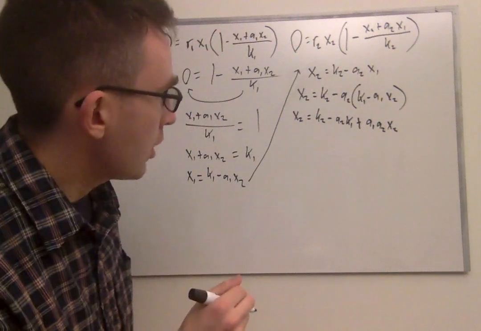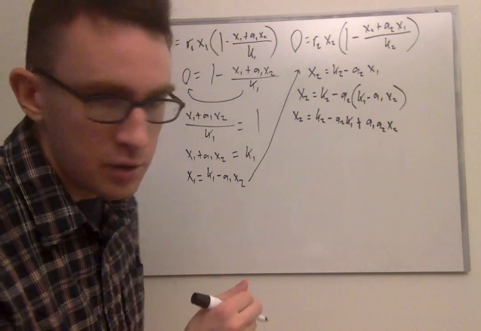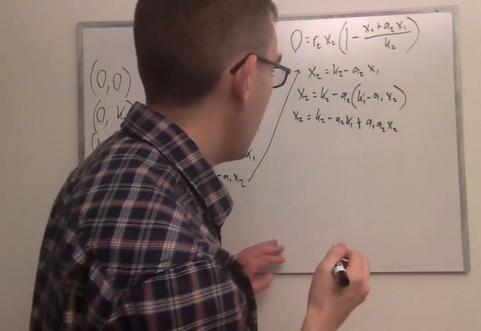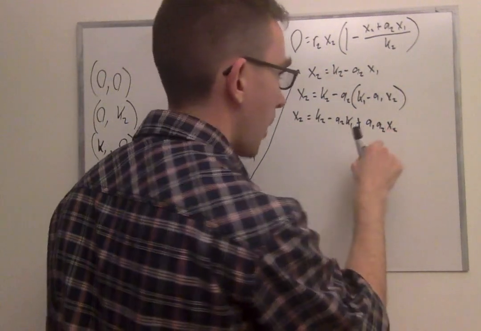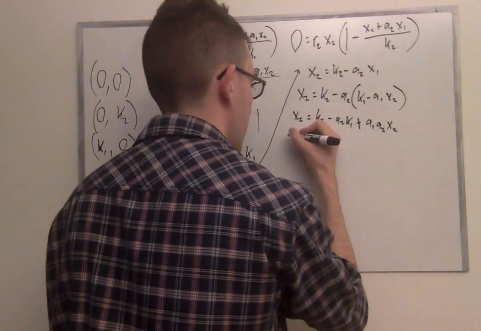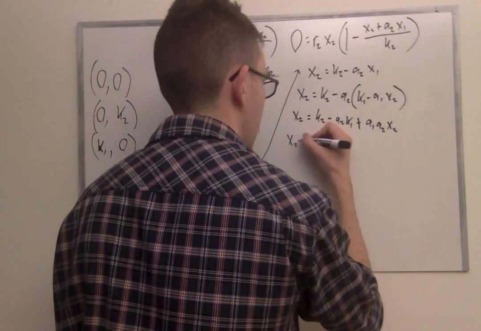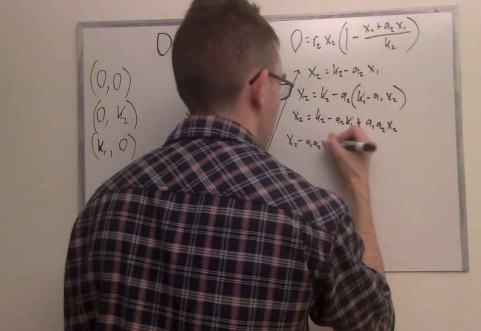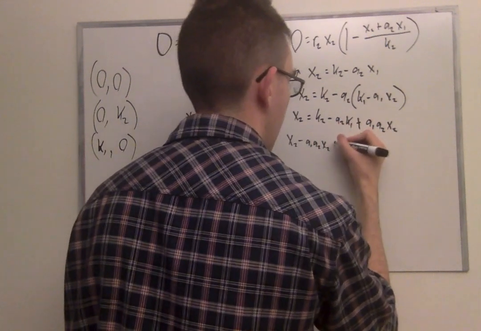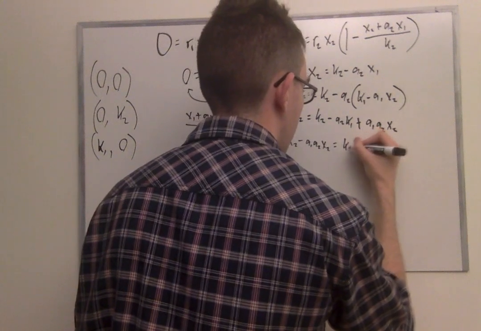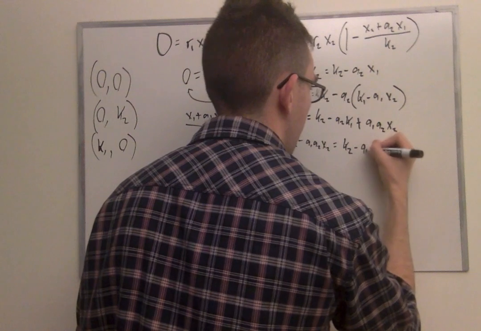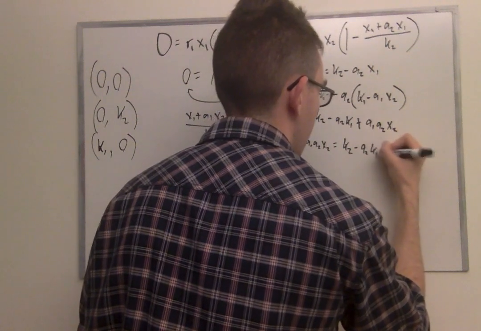Let's get all the x's on the same side and everything else on the other side. I'm going to move this term over to make it x2 minus a1 a2 x2 equals everything that's left, k2 minus a2 k1.